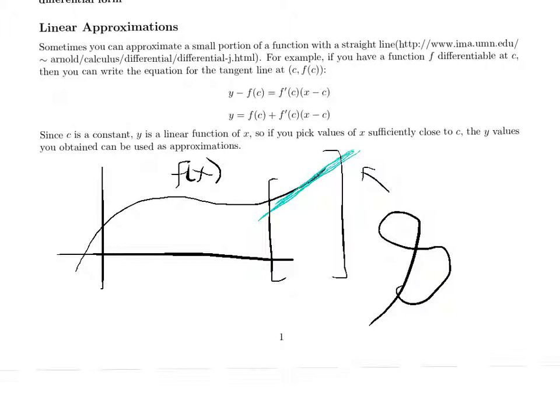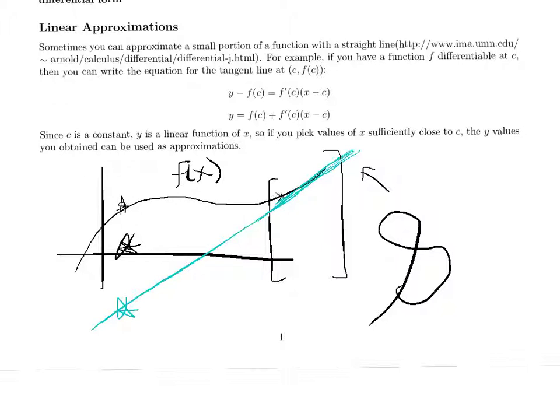Now, obviously, if I go way over here close to the origin, this line is no longer a good approximation because as we extend the line, it would be way down here, and our actual function is up here, okay?